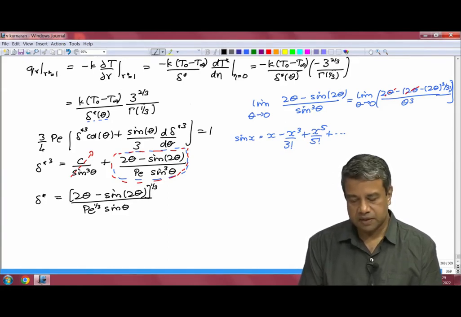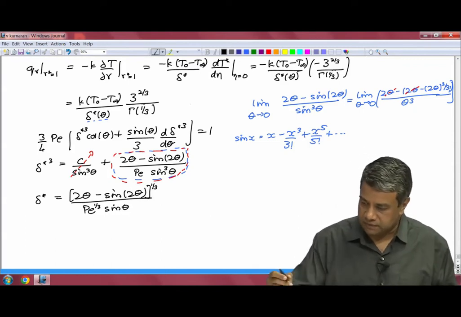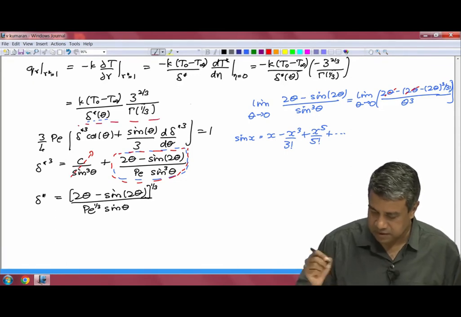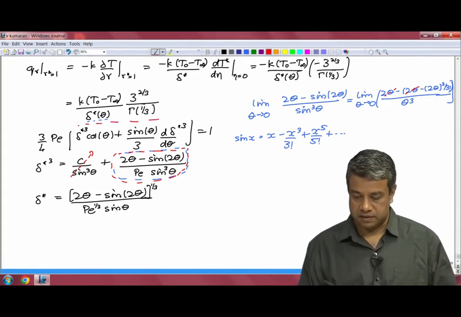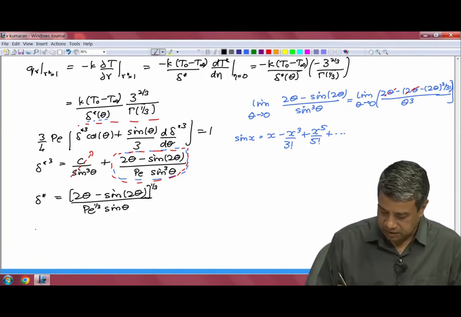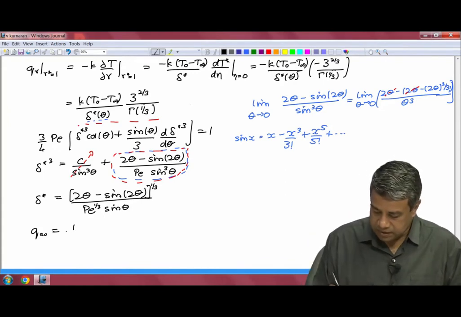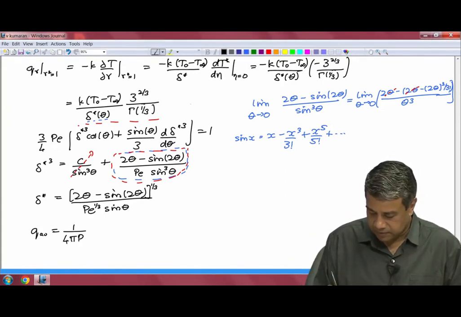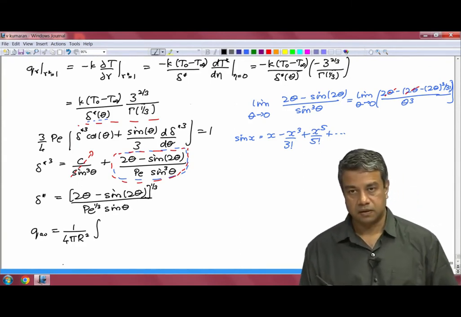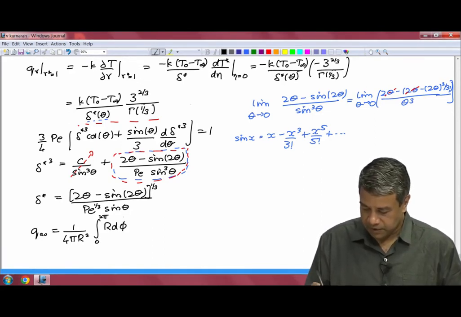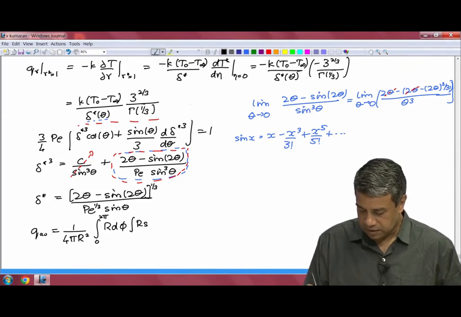And now I have to substitute this into the equation for the flux and calculate the average flux. So, for a sphere, the average flux is going to be equal to 1 over the surface area, 4 pi r square, integral of r d phi, the azimuthal angle from 0 to 2 pi, integral of r sin theta d theta from 0 to pi.